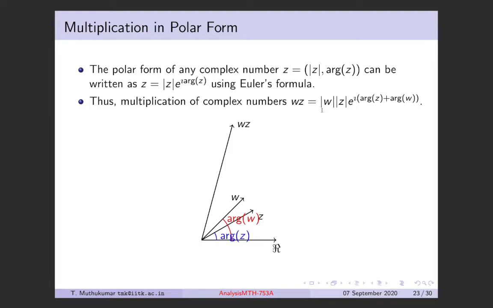So rotation and dilation, that's what complex multiplication does, right? So there is a connection between complex numbers and the rotation dilation matrices on R2.